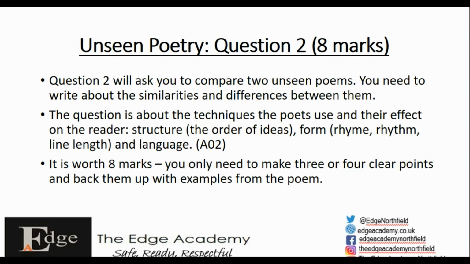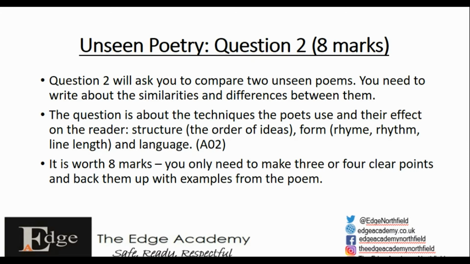The second part of this Unseen Poetry exam is question 2, which is worth 8 marks. Now, question 2 will ask you to compare 2 unseen poems. So the first poem that you will have just focused on for up to 24 marks, and then the second poem. You will need to write about either the similarities or the differences between the 2 poems.